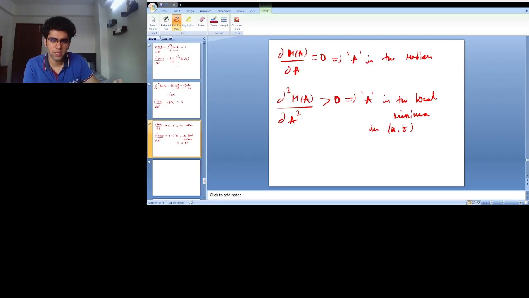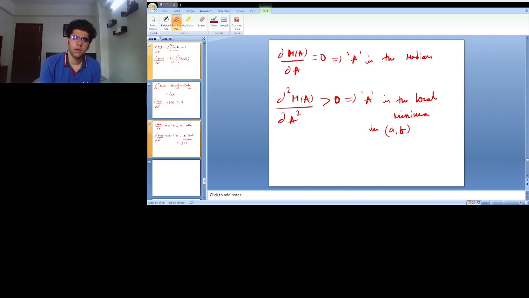Why? Because this is an interval, right? So I don't need to write if it's a local minima or a global minima. But usually, in this particular interval, I can say that it's also a global minima, right? Earlier I told you a different thing.